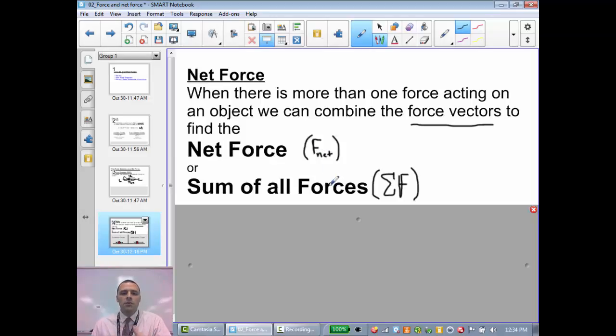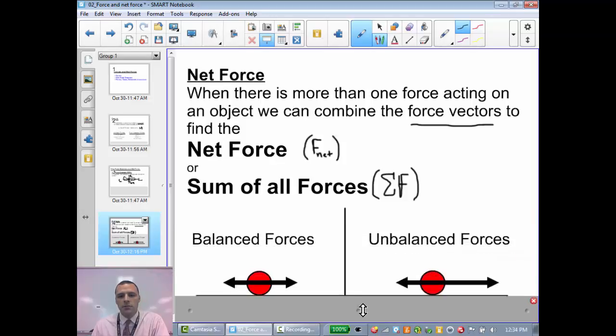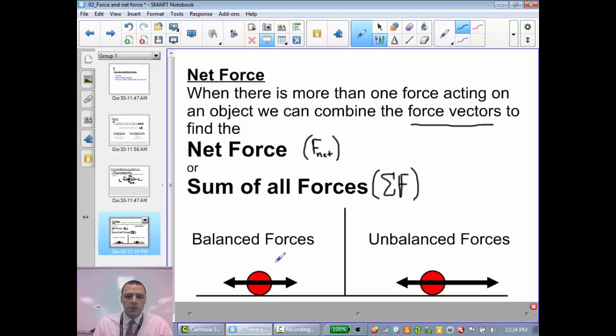When we sum all the forces, or we combine all the forces together, we can find 2 options. We can have forces that are balanced, or forces that are unbalanced. If I look at these forces here, and I'll say force number 1 to the left is 2 newtons, and force number 2 to the right is 2 newtons. And actually, because of the coordinate system, I'll make right positive and left negative.